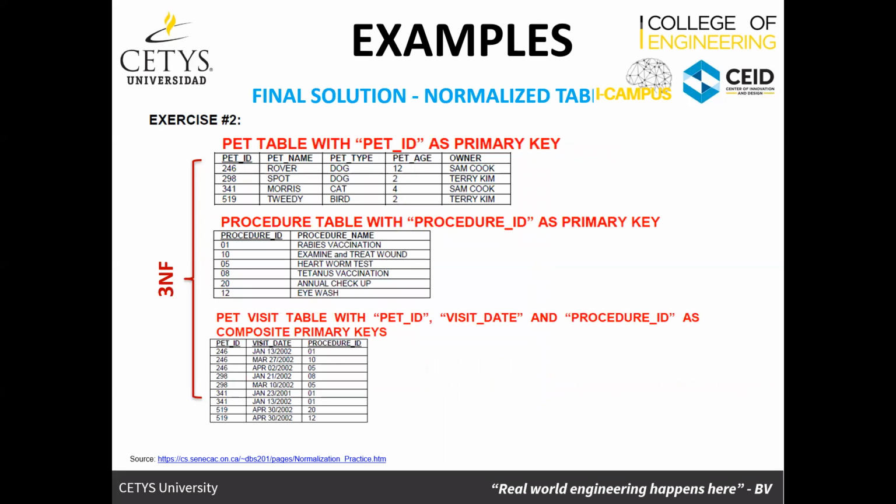In the case of those 3 tables, there aren't any transitive dependencies. So remember, none of the fields or attributes are going to depend on another attribute that isn't the primary key. So in this case, these 3 tables are normalized.